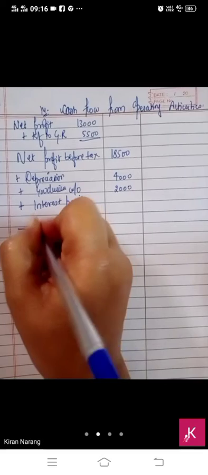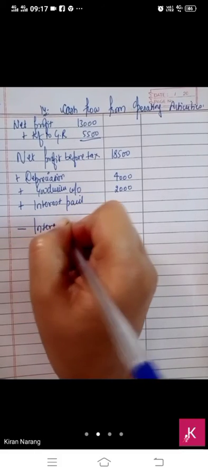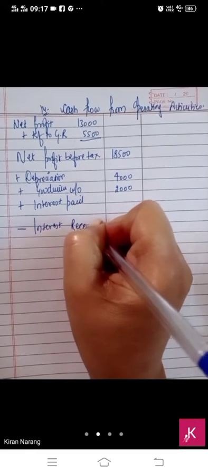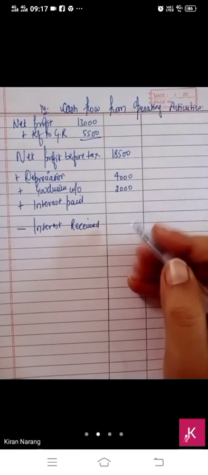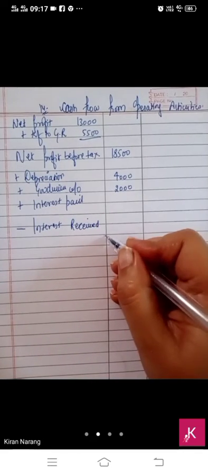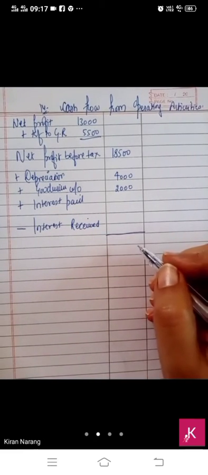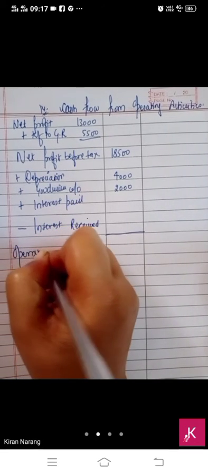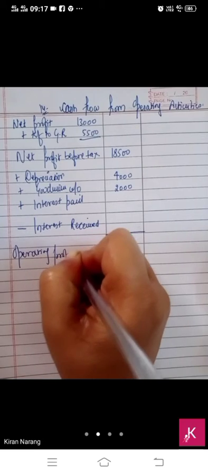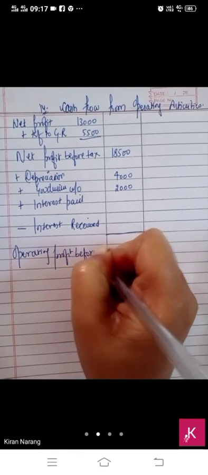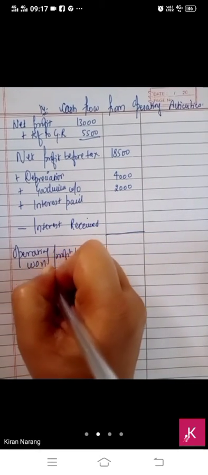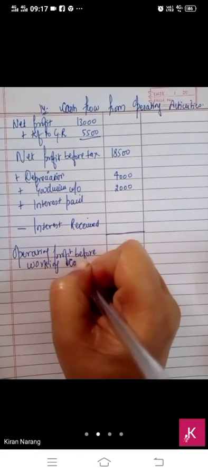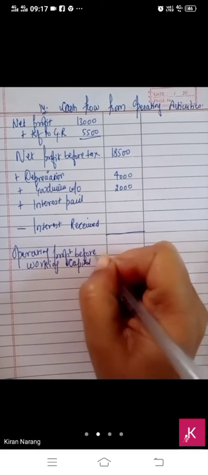And whatever will be the interest on investment, it will be interest received. On investment, we will receive the interest, and on debentures, we have to pay the interest. Then the answer will be operating profit before working capital changes.